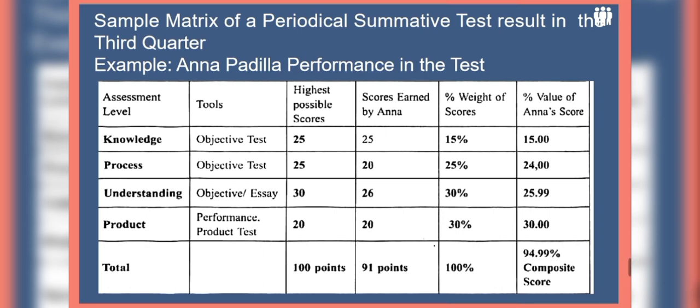She had a total of 94, a 94.9 composite score, as shown in this slide. You may notice how the teacher or the curriculist rates and gives grades to his or her students.